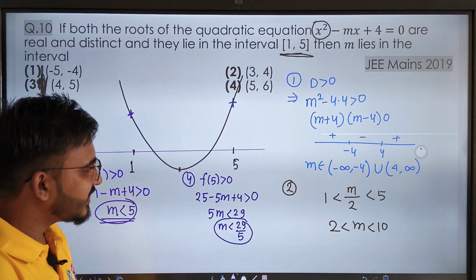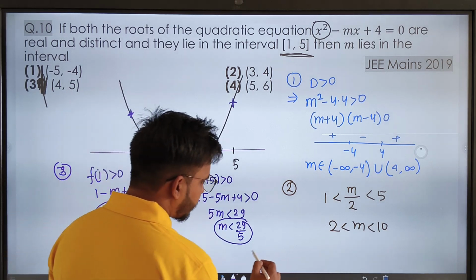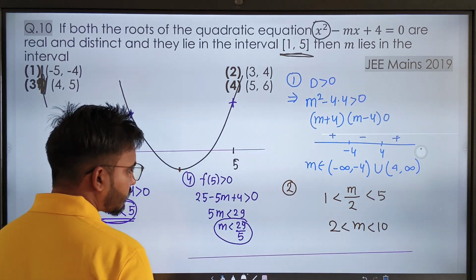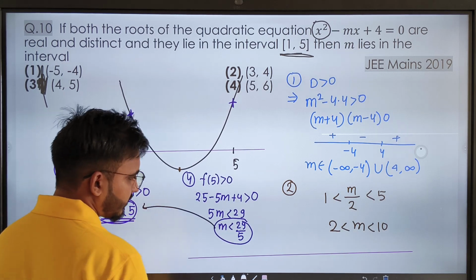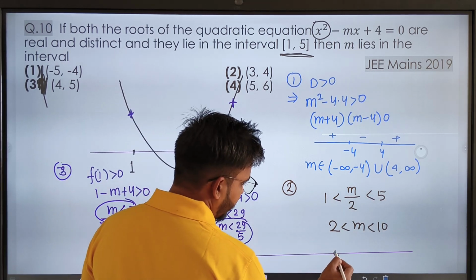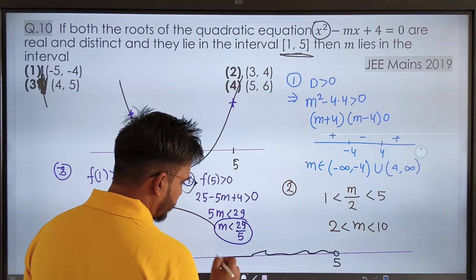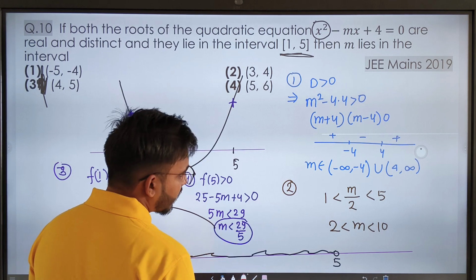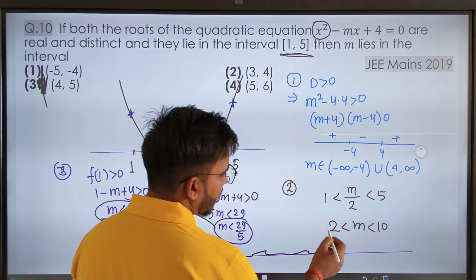So by taking the intersection of all those four results, we can conclude one thing. By the intersection of these two we get m less than 5. So let it be 5. If it is less than 5, so this side. The second one says m is in between 2 and 10.